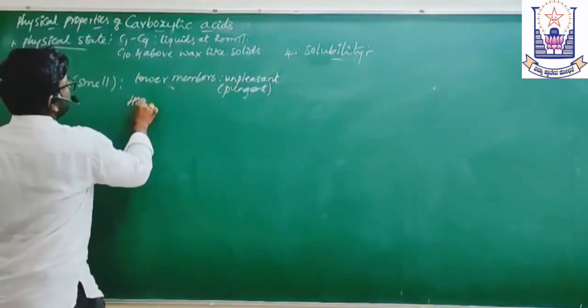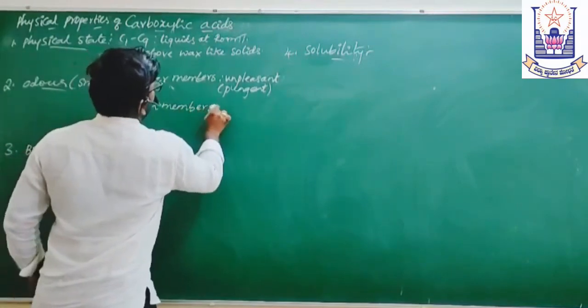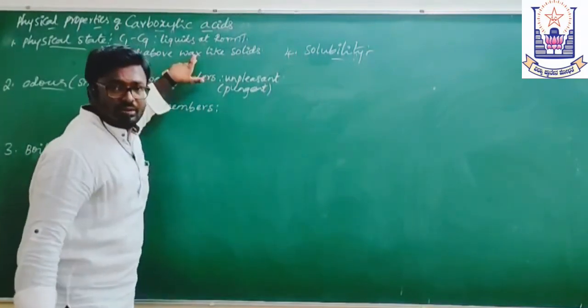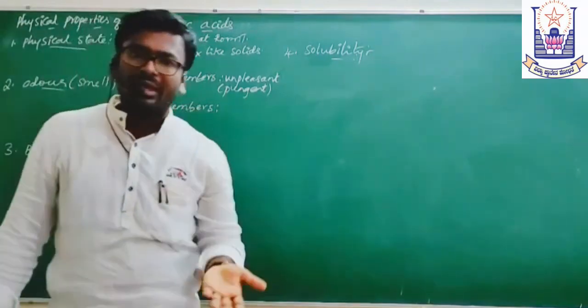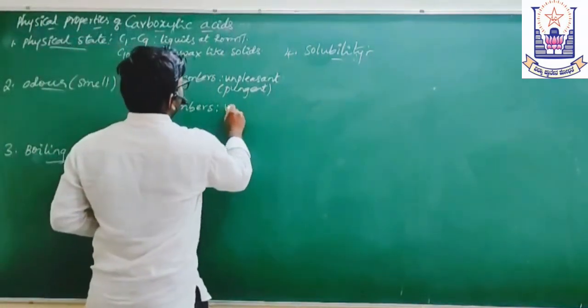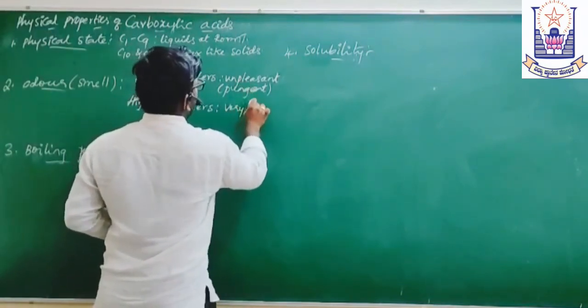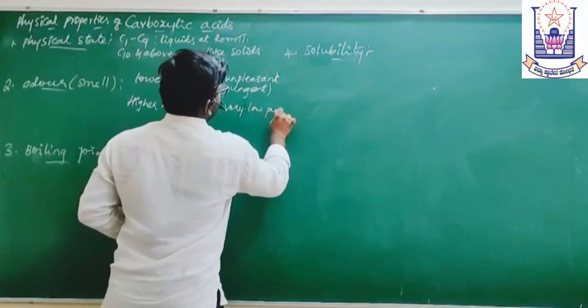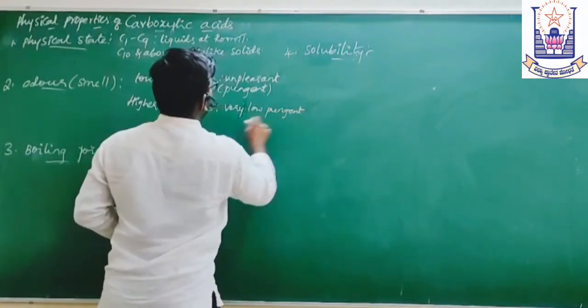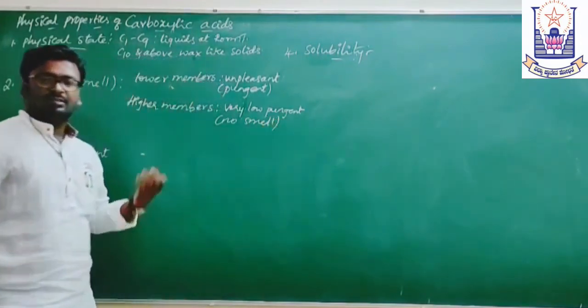Higher members are wax-like solids, and those are not volatile and don't give smell also. Very low pungent or no smell, sometimes no smell. Okay, this is about the odor.